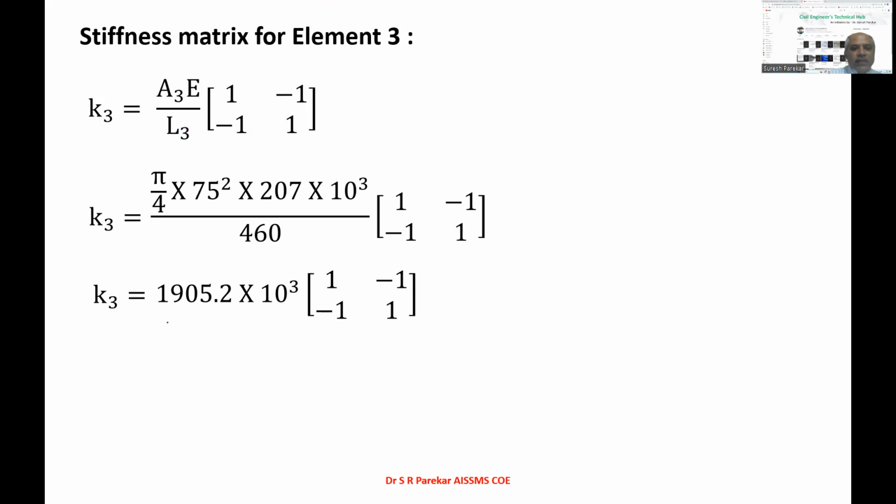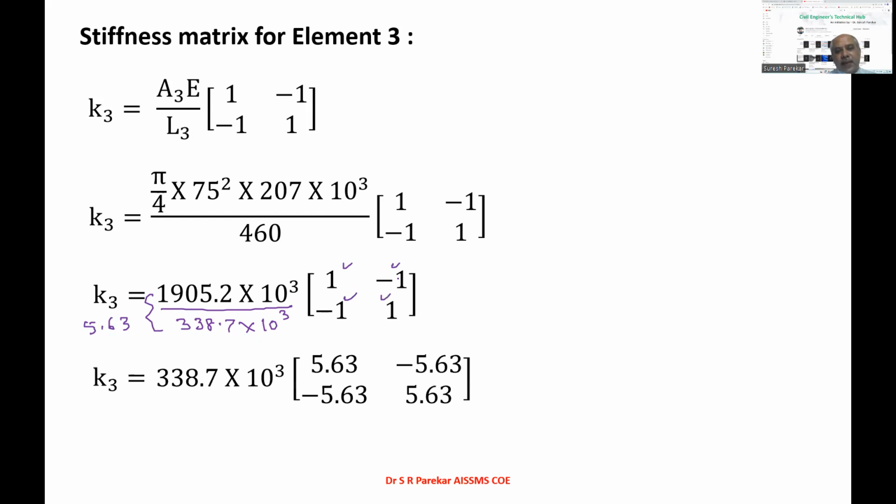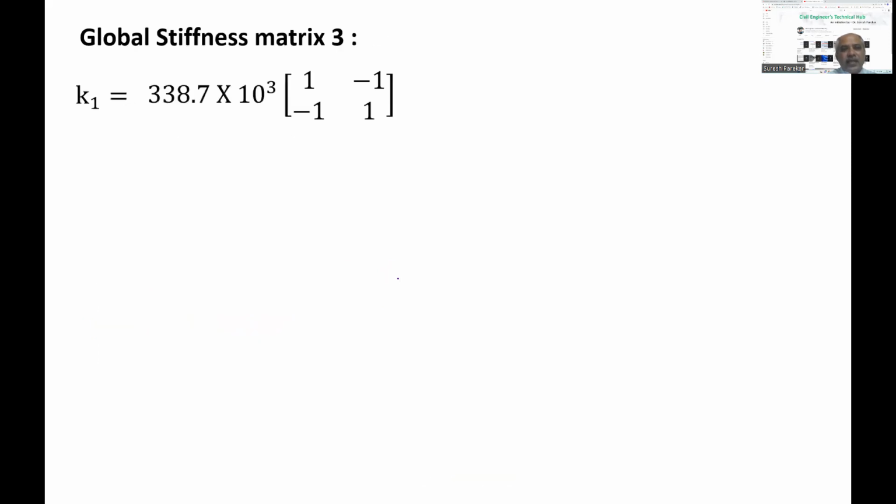To keep the same common value outside, 338.7 into 10 raised to 3, we divide, and if we solve this we get 5.63. Now we multiply all these elements by 5.63, and my stiffness matrix becomes 338.7 into 10 raised to 3 times 5.63 times the matrix.